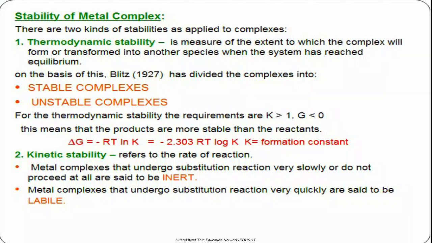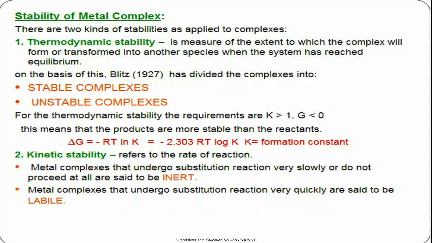That is, the free energy change should be negative, or K should be greater than 1, which means the compound is quite stable, or rather than unstable, it is stable.